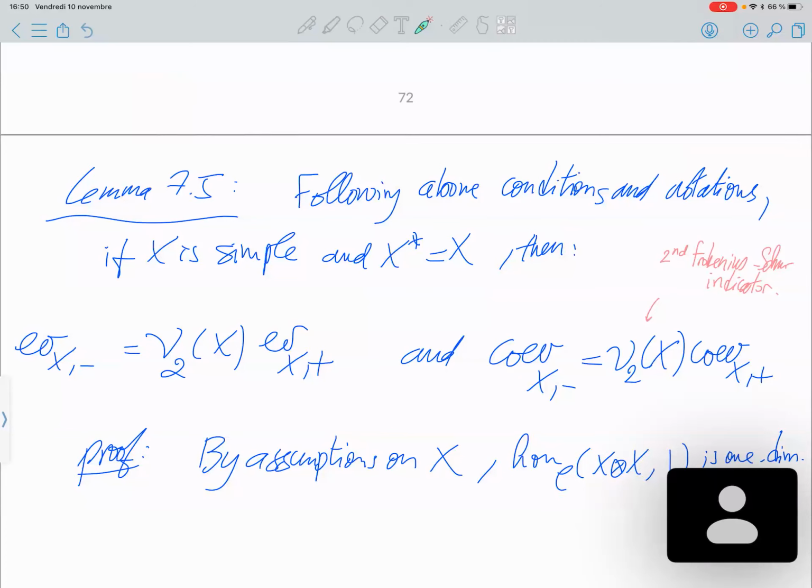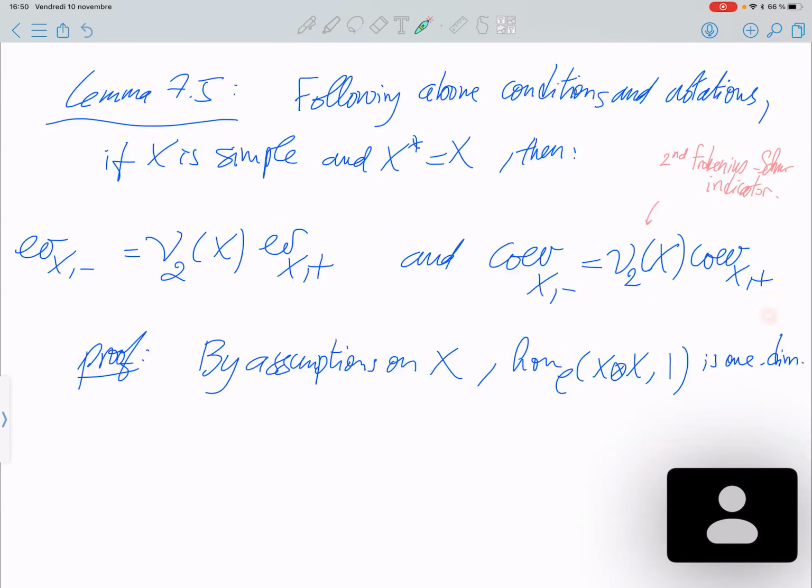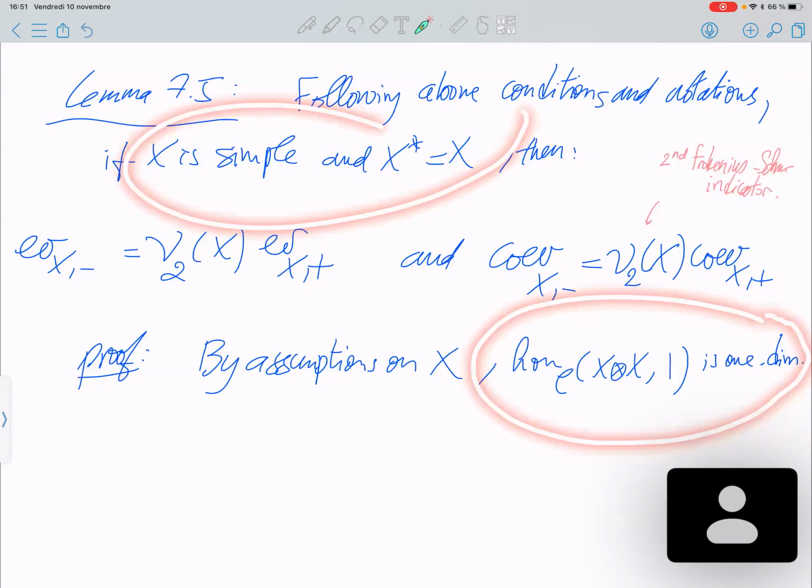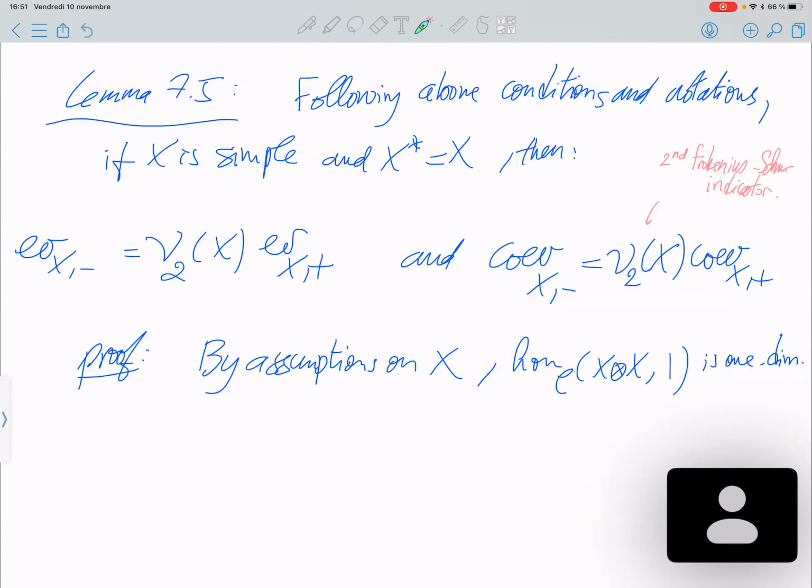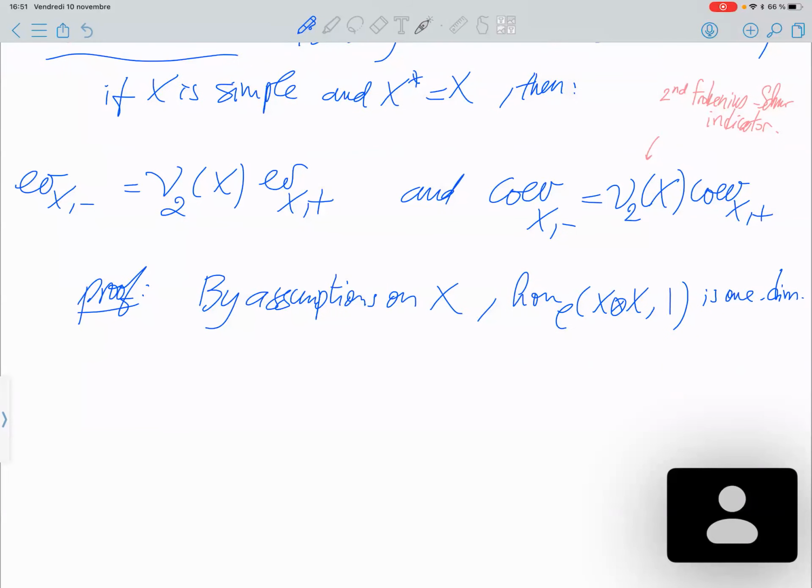And for lemma 2.16, no, we don't need simplicity, I guess. In fact, you can replace this condition by this condition. This is a little bit more general, but it does not matter too much here. So by assumption on X, we have that this is one-dimensional.